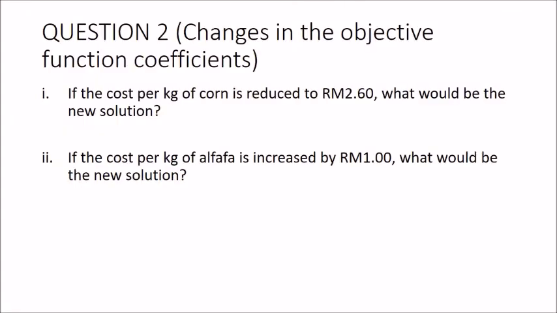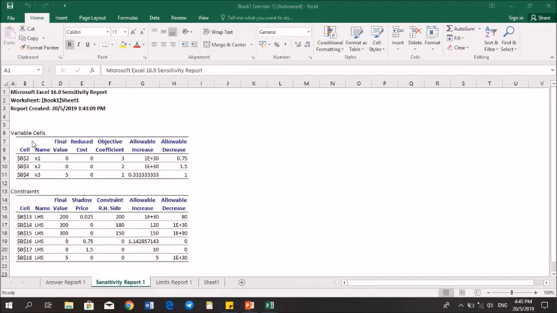Now, let's see questions on the changes in the objective function coefficient. Roman 1. If the cost per kg of corn is reduced to RM2.60, what will be the new solution? This question is related to the changes in the objective function coefficient for variable 1. For changes in the objective function coefficient, we will refer to the variable cells table.